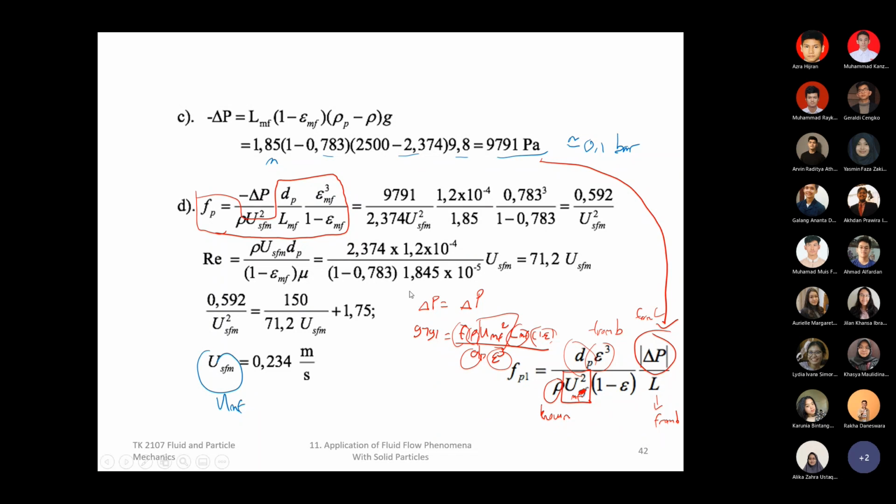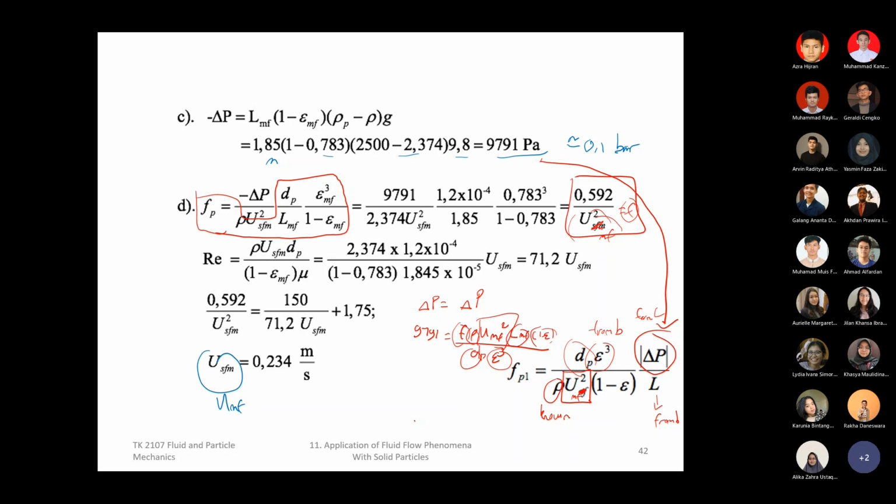But remember that, maybe if you keep calculating the F here as a function of the UMF, because you haven't finished the UMF, that's still not known. So 0.592 per UMF square will be the same as F. We have one equation, but two variables are still not solved.